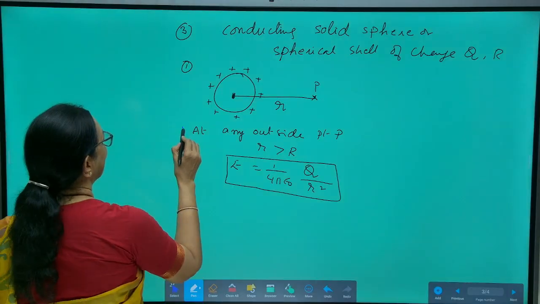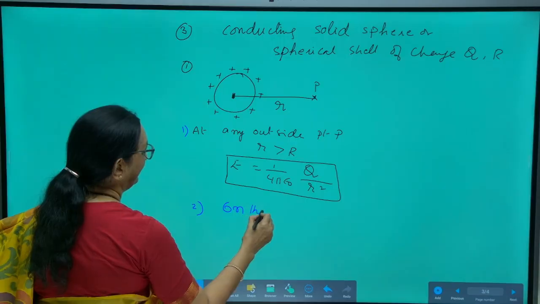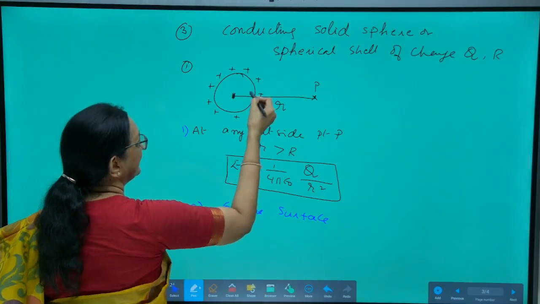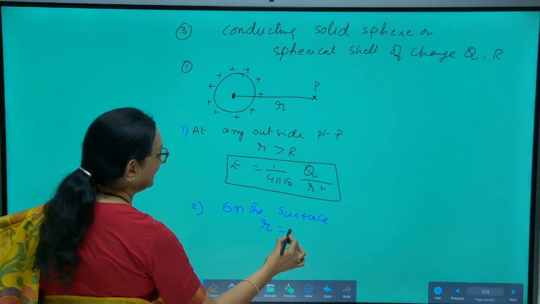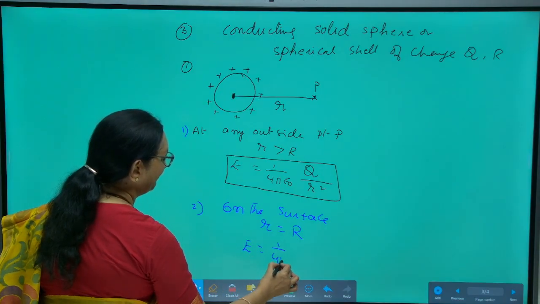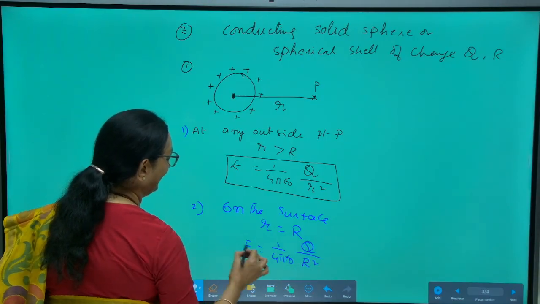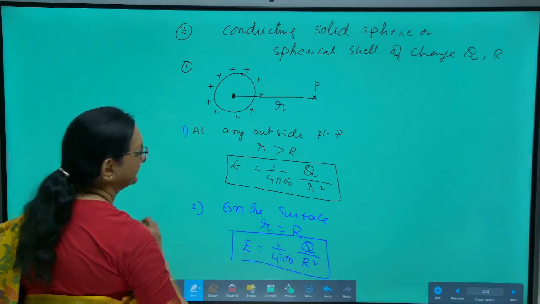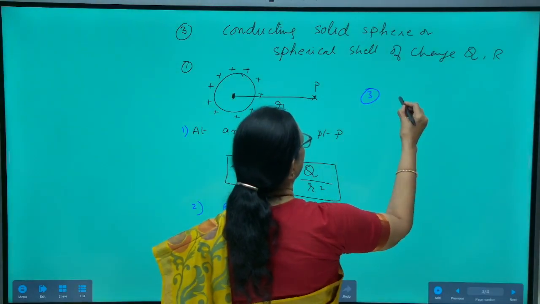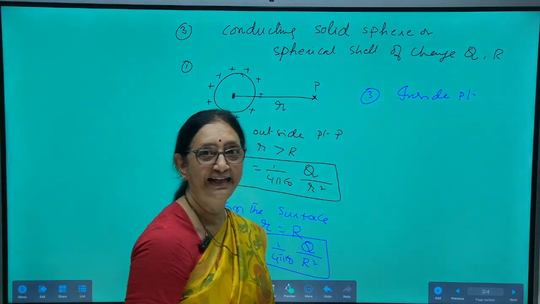And the second case is on the surface. If the point is on the surface, r is equal to capital R, E is equal to 1 by 4 pi epsilon naught Q by capital R square. And at any inside point, I already gave you the hint.